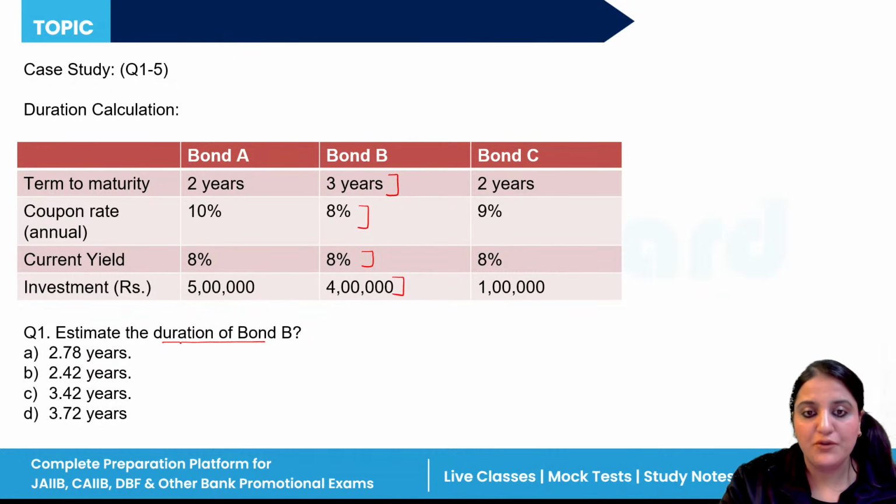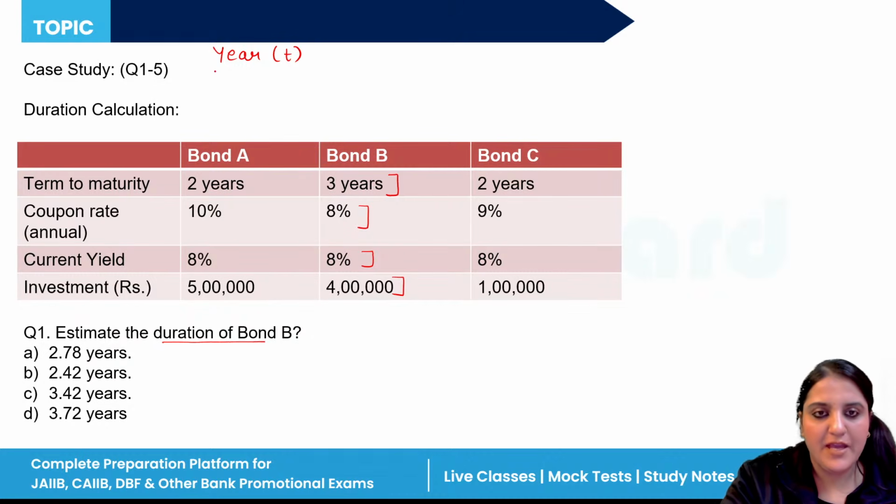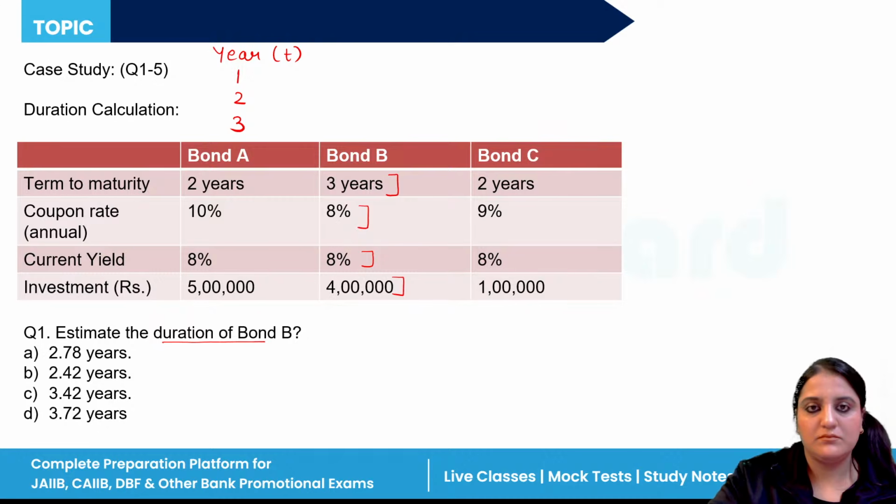So first we have to draw a table. The year is T, which is first year, second year and third year. Now the cash flow, how to calculate the cash flow?